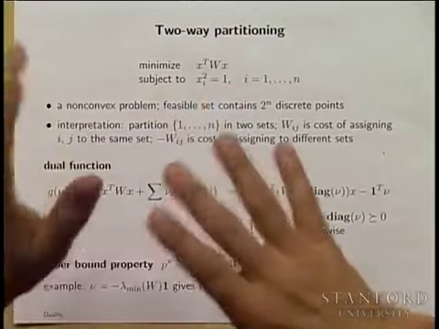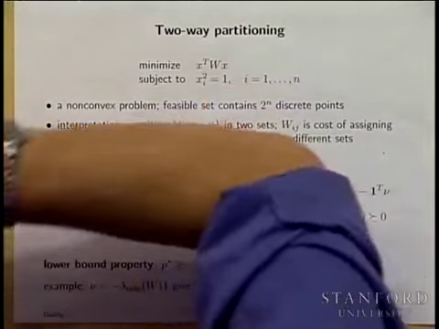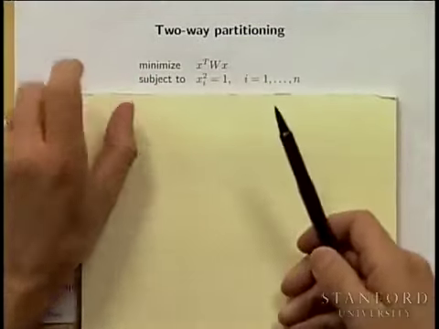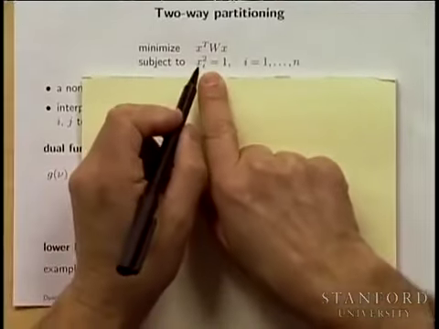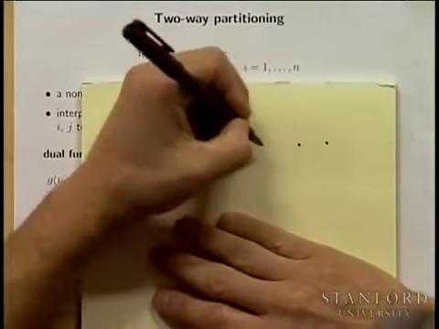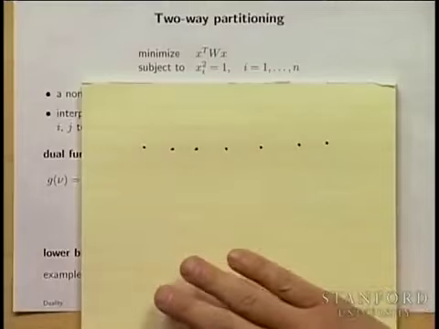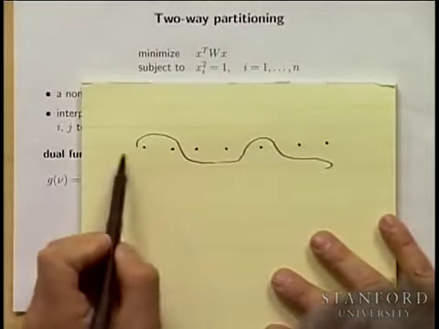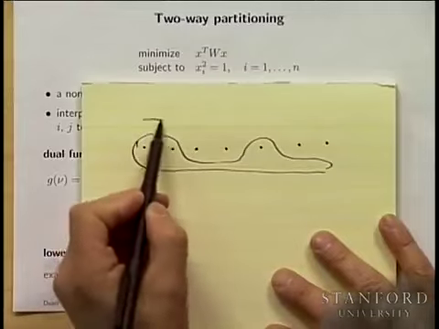Okay. And let me just first say a little bit about this problem. We're going to see it a lot, and just so you get a rough idea of what it means. So xi is plus or minus 1. So we can really think of this as the following: you have a set of points, like n points, and what you want to do is partition them into two groups. That's one group, and then the other group will be this.